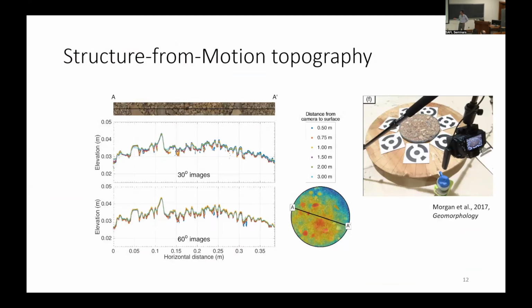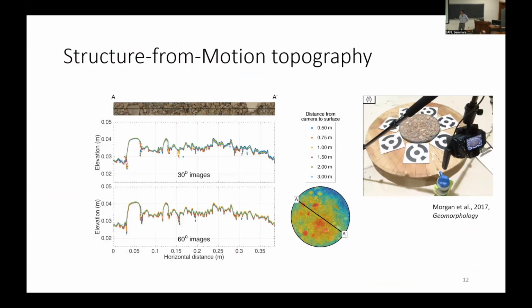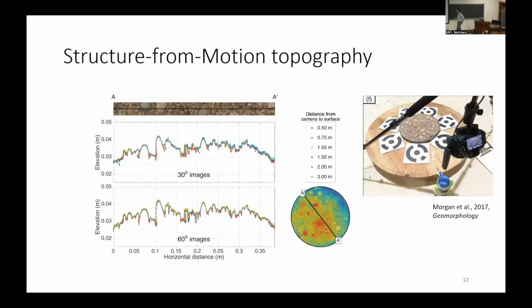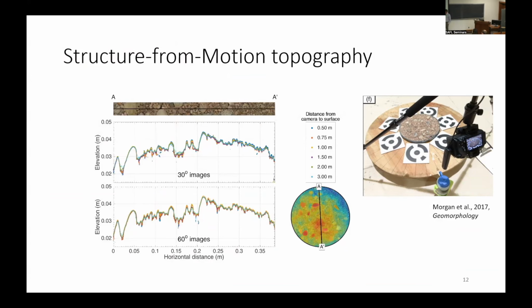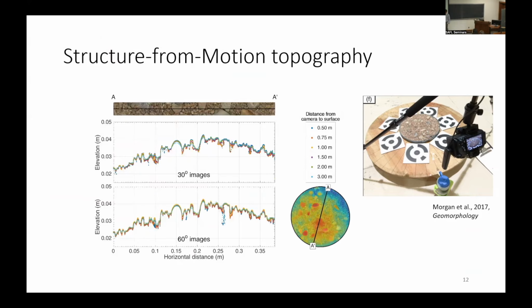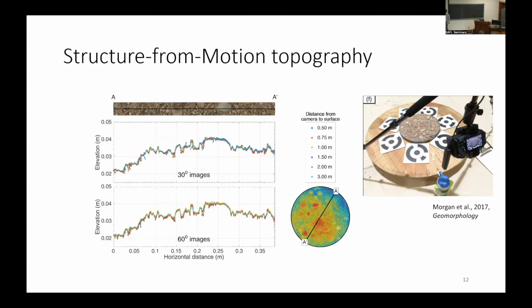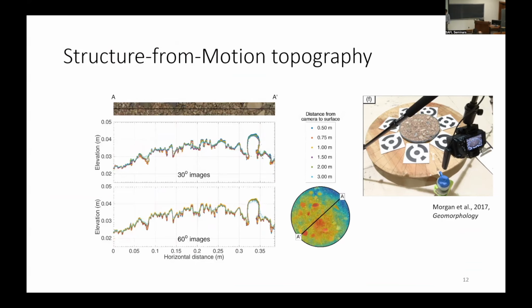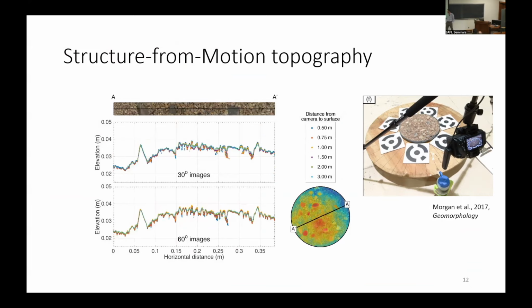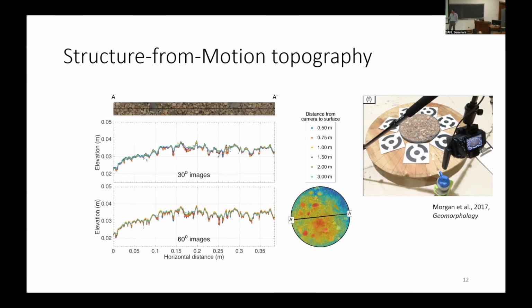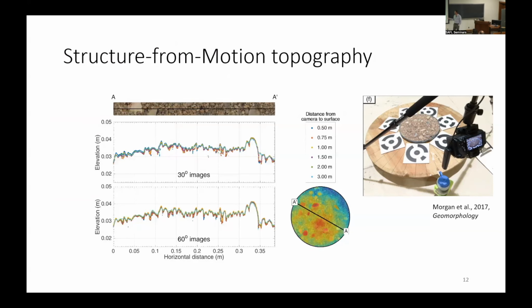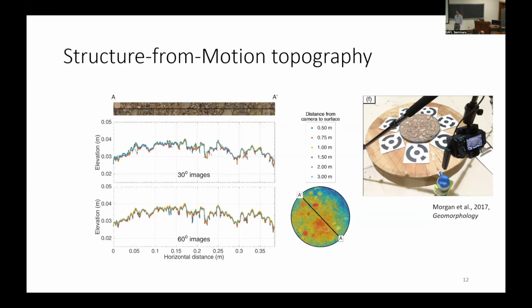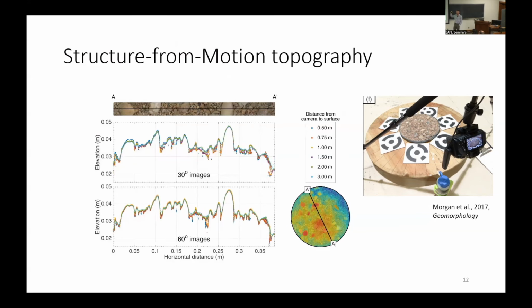Jacob wrote a paper about it where we published this video with the paper, which the main thing I want to show, besides it being kind of cool, is that each of these large divisions, going from 0.02 to 0.03, is 1 centimeter of a cross section. Depending upon how far away the camera is from the bed, we can get many points in the vertical on essentially the sub-millimeter scale.